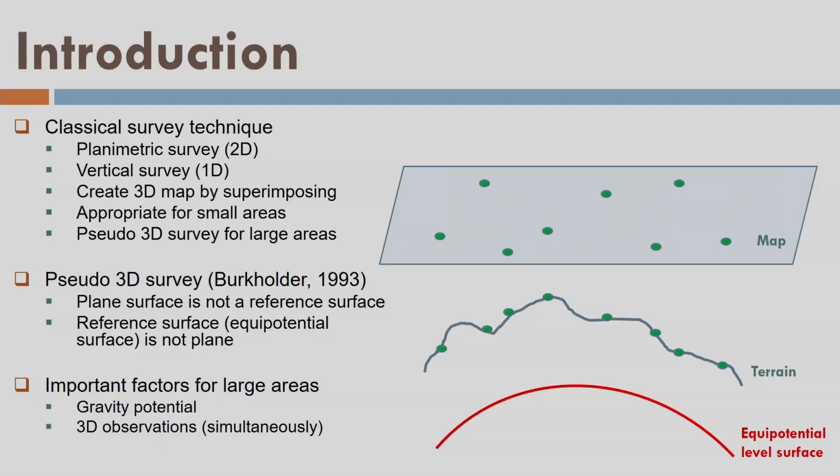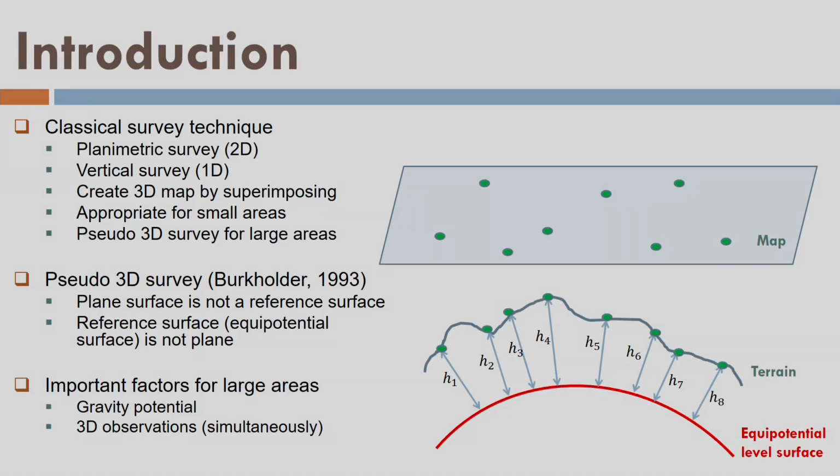So let us see what we have done. This is an equipotential level surface, and for these 8 points I have measured the vertical heights from the equipotential surface, so these are the 8 heights, H1 to H8. Then I created a 3D map by superimposing these heights on the map points.